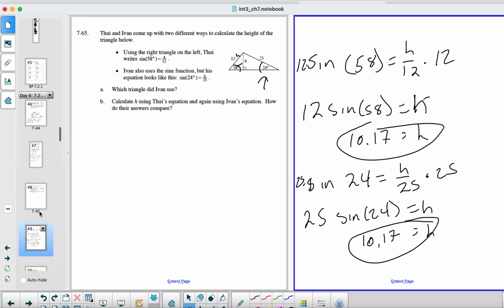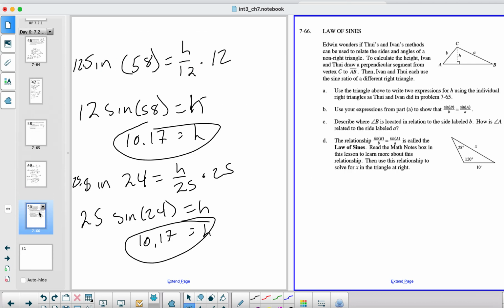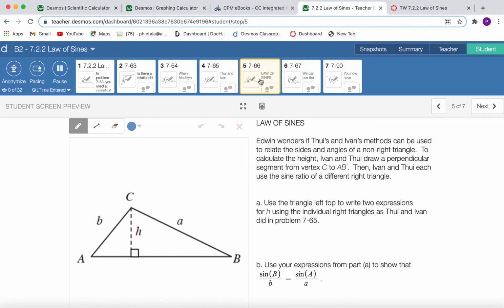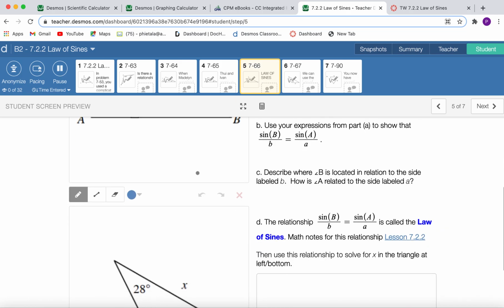So let's try this on 1150. Did I shorten this in your book? I did. I think your problem here is a little shorter. So it says, Edwin wonders if Tao and Ivan's methods can be used to relate this in terms of letters here.